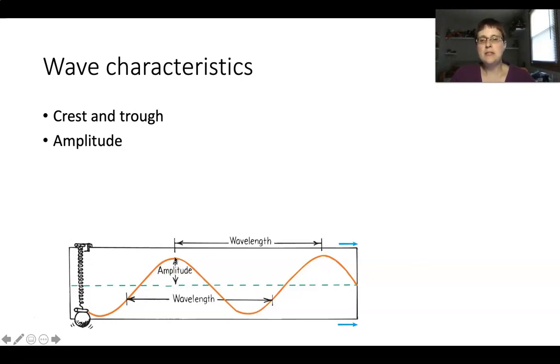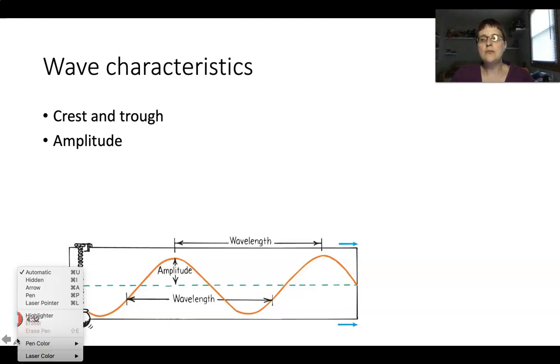Amplitude, you can see marked here. So the amplitude is the distance of that wave from the midline. You can see that we've drawn a midline on this waveform, and that splits the wave exactly in half. And the amplitude is the distance from that midline to the highest point of the crest.